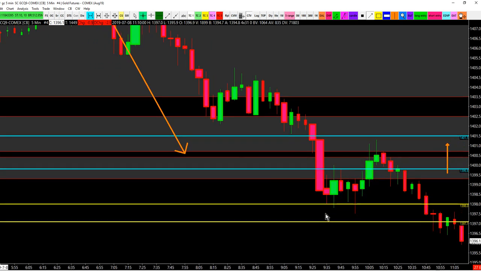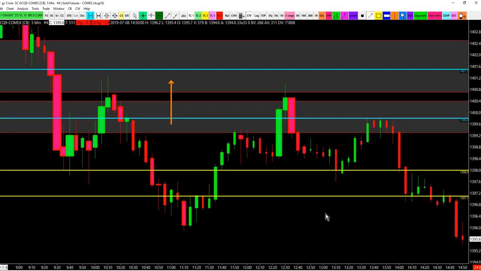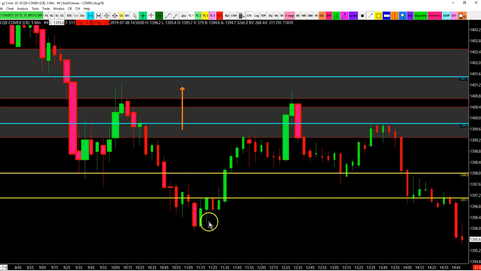There's another piece, and oftentimes what will happen is when you get underneath these zones and they don't break down, right? So this is an attempt to break to the downside underneath this 1396. See when it recovers back above and makes an impulse move, right? So now you have an under, you have an over.